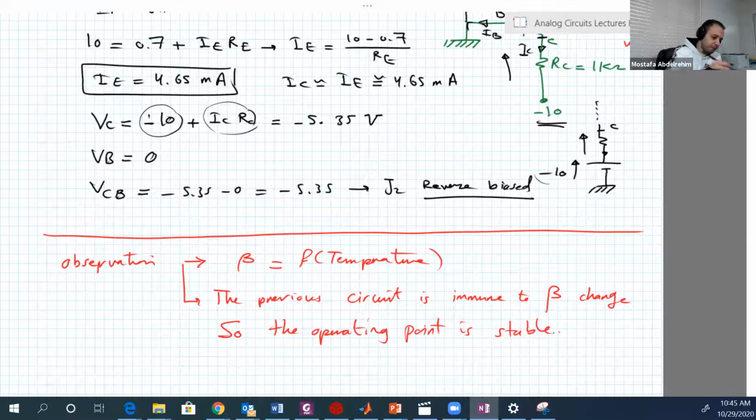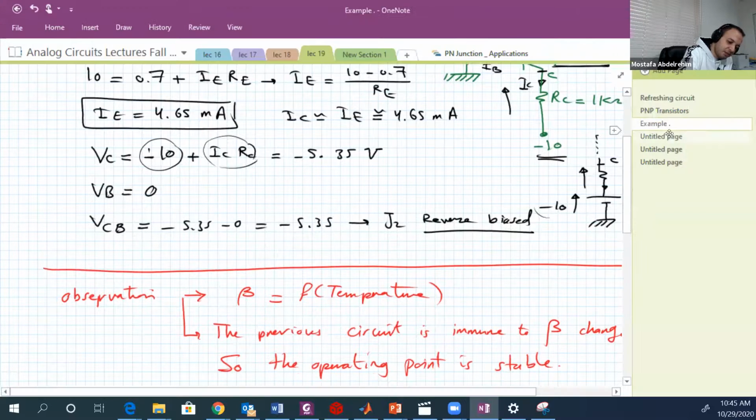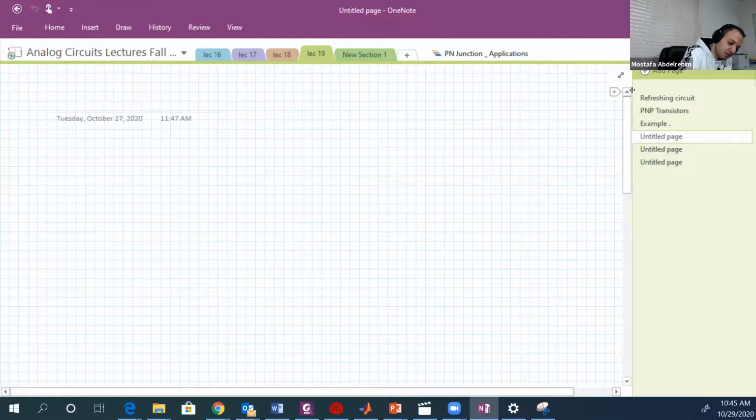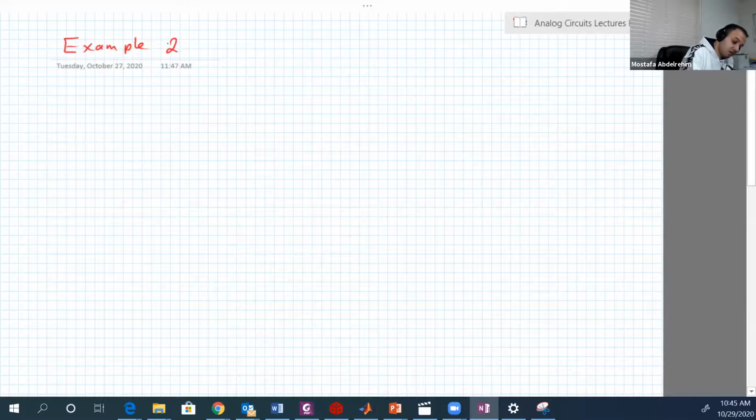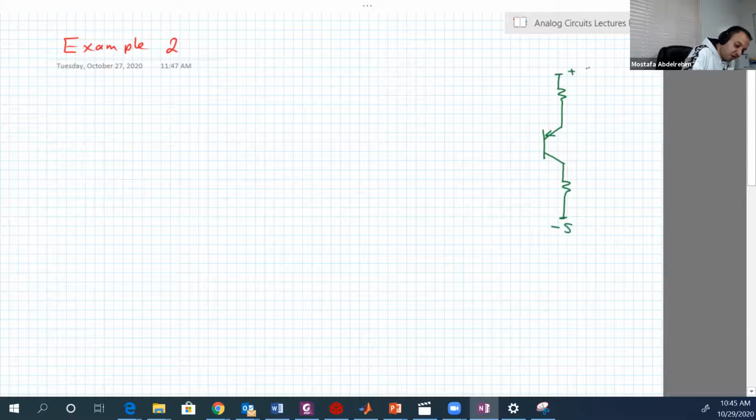Okay. So let's take another example. Example 2. Let's use a similar circuit. We're going to add -10, -5 here, and here is +5. Here is RE equal to 1 kilo ohm.